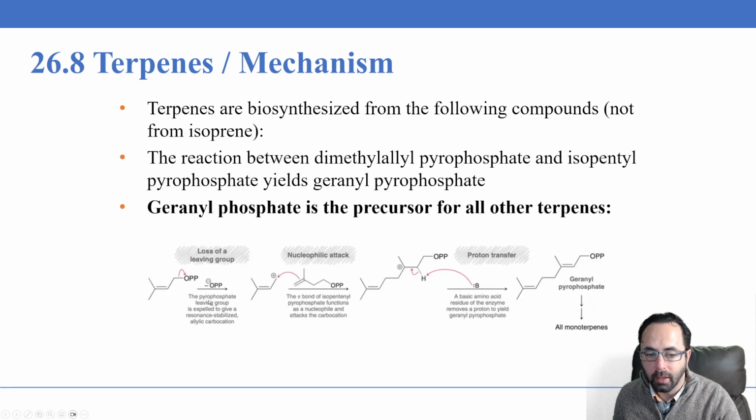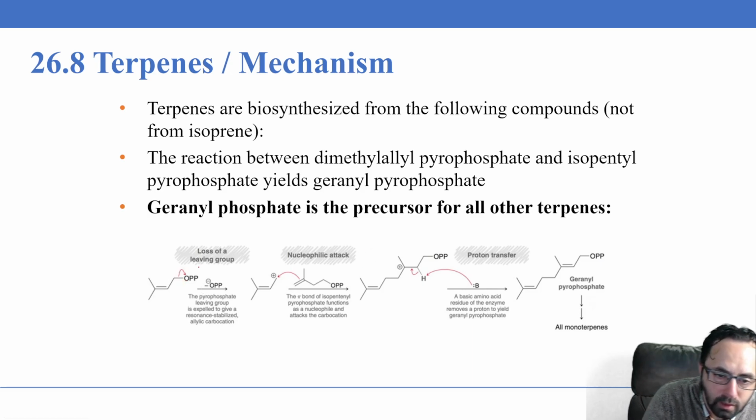So here's the full mechanism. First we have the hydrolysis, the cleavage of the bond producing the phosphoester. This can cleave on its own because it's a high energy bond between the oxygen and the phosphorus. And then one of these phosphated terpene units is going to attack the positive carbon on the group that just had the phosphate leave.